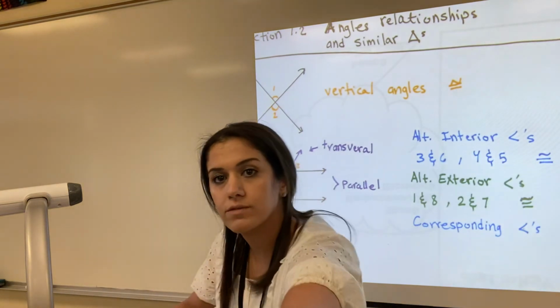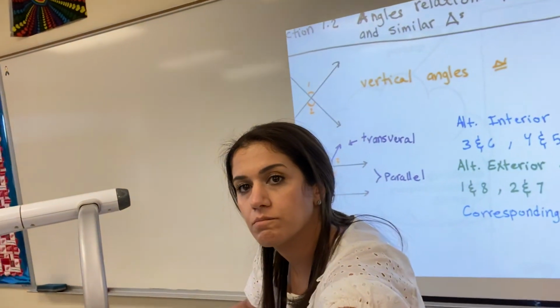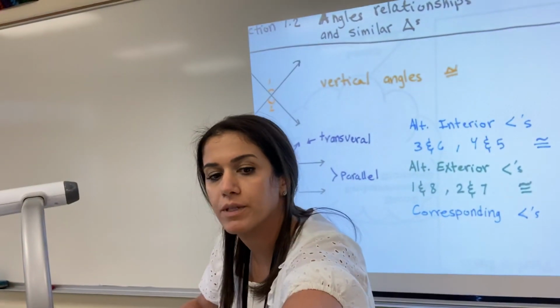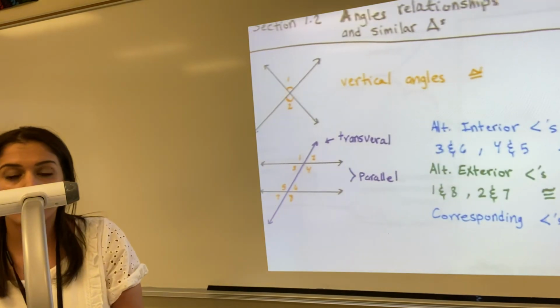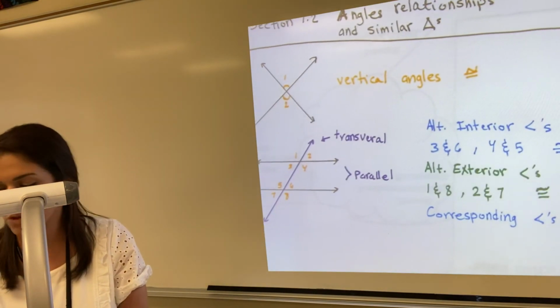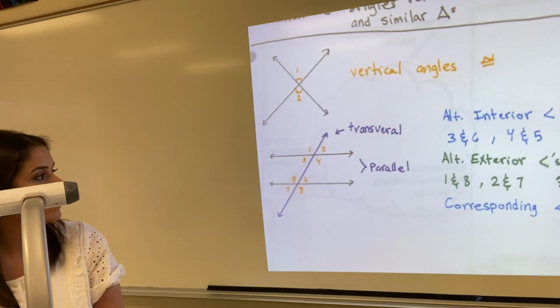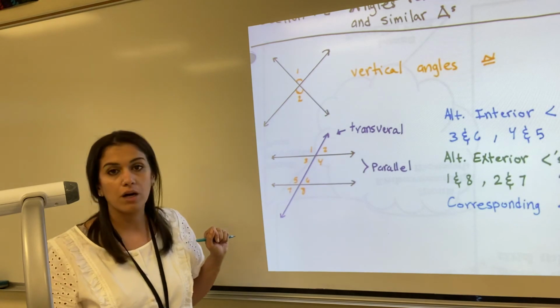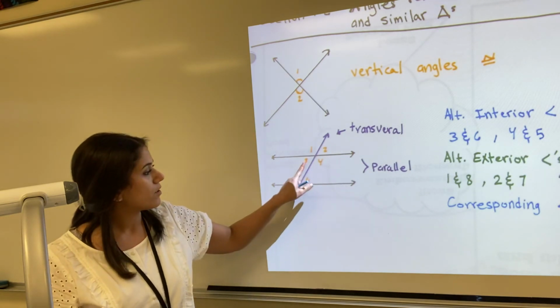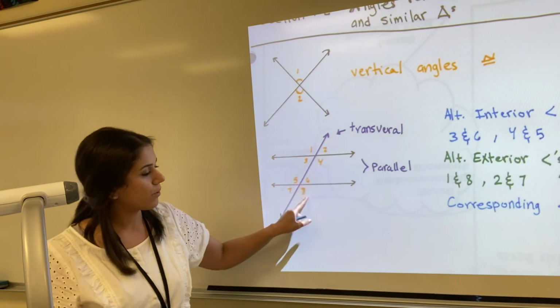I'll try to fix this a little. So for example here, I have angles 1 and 5 are corresponding angles. 3 and 7, 2 and 6, 4 and 8.